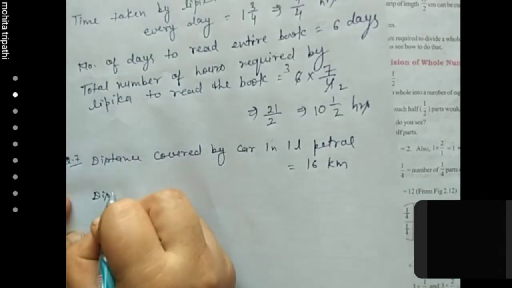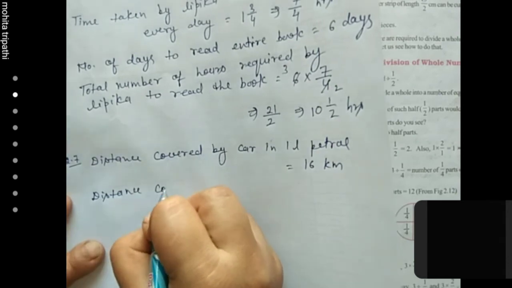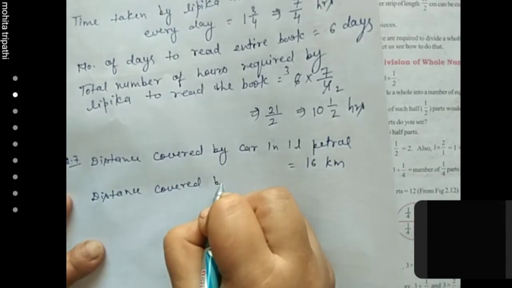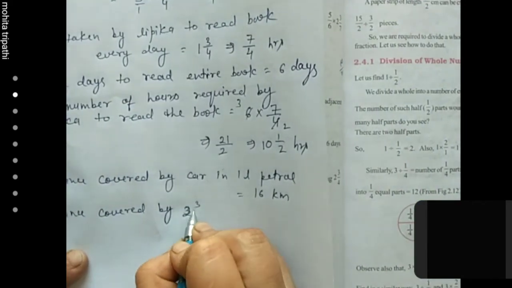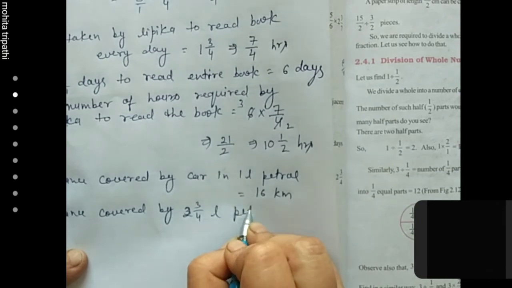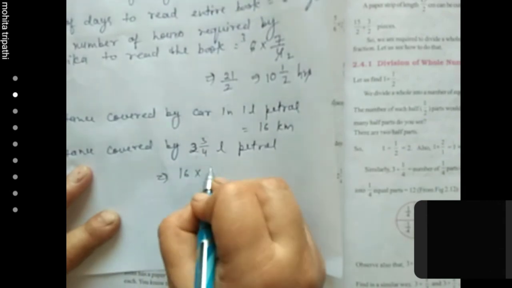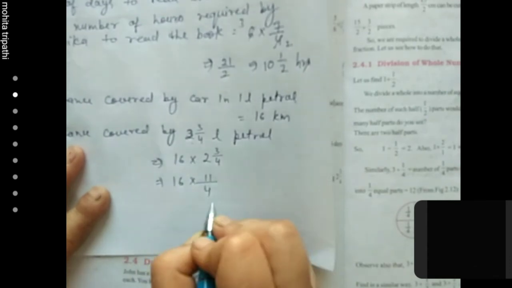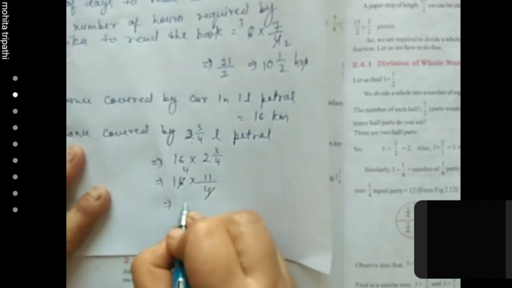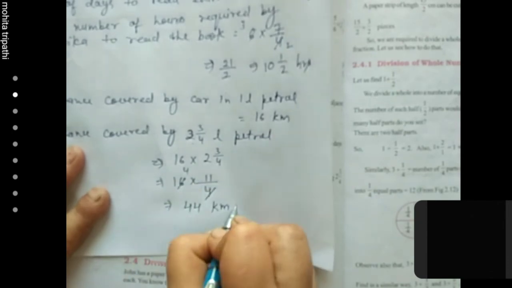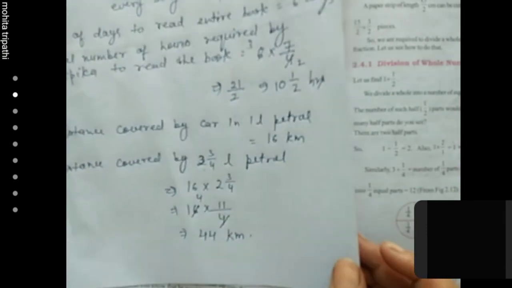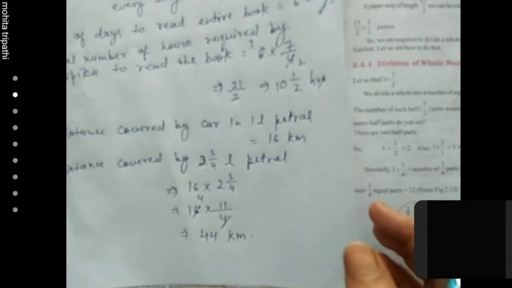So you will again multiply. 16 will be multiplied by 2 whole 3 upon 4, which is 11 upon 4. Now you can reduce it also. So it is 44 kilometer. Again you are doing the multiplication.